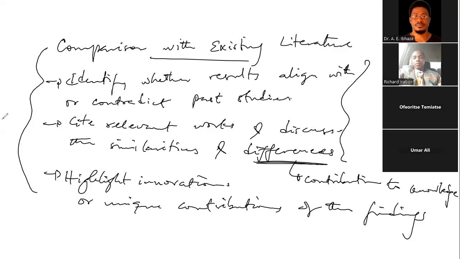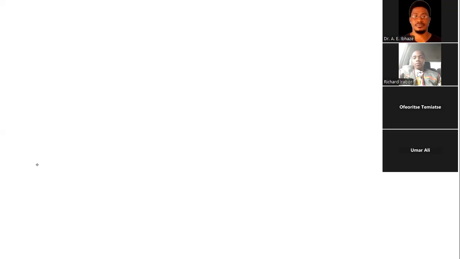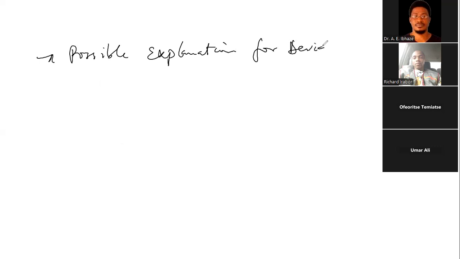And then once you're done with this, you want to consider possible explanation for deviations. Now, this is one aspect a lot of researchers want to shy away from, because you want to show what you've done is flawless, it's so good, it's novel, and all of that.